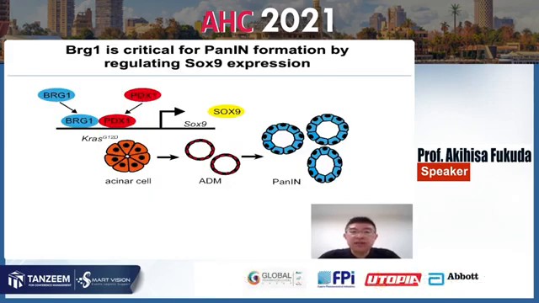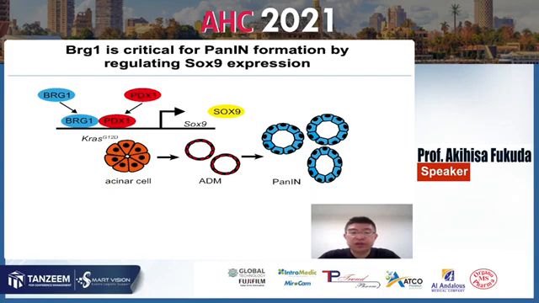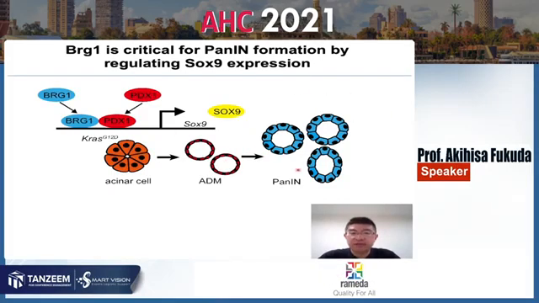This is a short summary of the mechanism. BRG1 binds to the SOX9 promoter and recruits SOX9 upstream factors, including PDX1, to the SOX9 promoter and induces SOX9 expression, which results in ADM and PanIN formation.